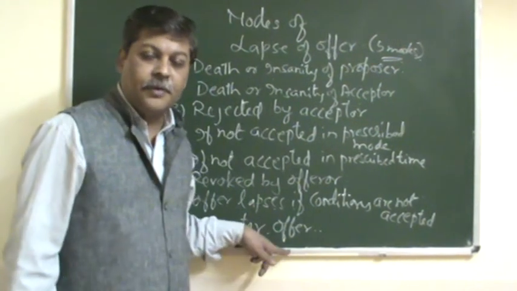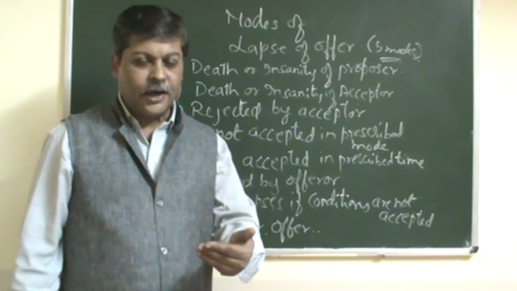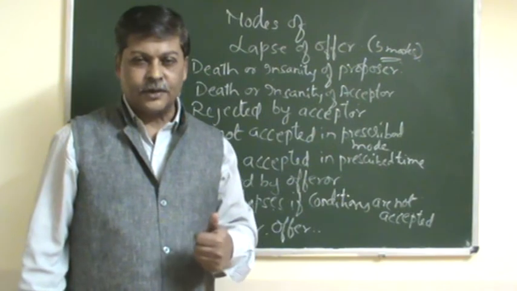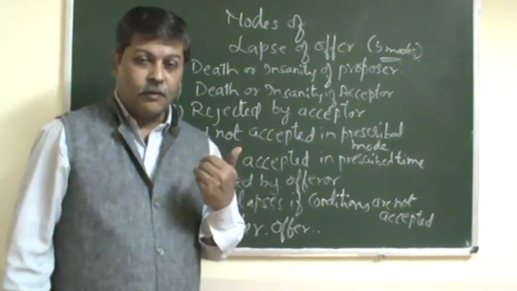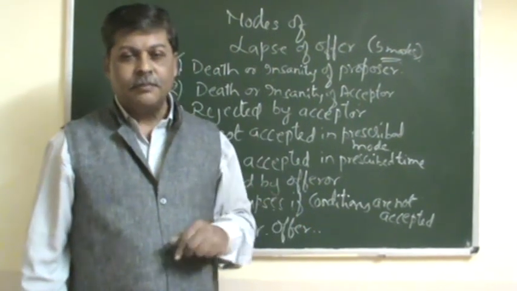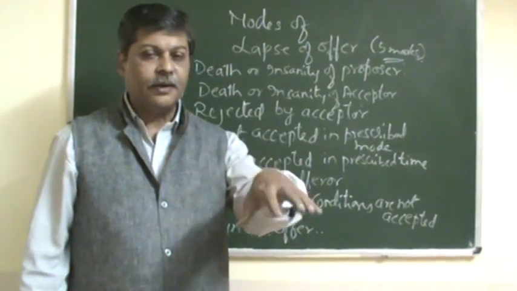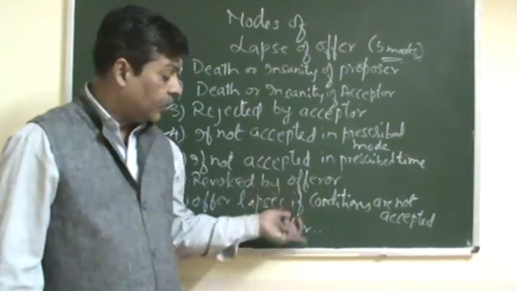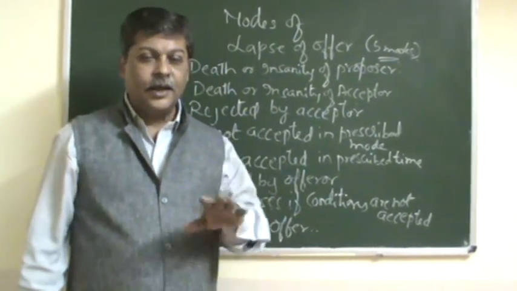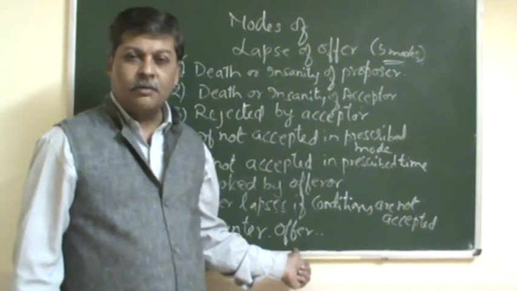So the original offer made by A lapses, where he has said that 2 lakhs is the price he has quoted. A counter offer is always made by the acceptor. He has given his acceptance with a condition that he is going to purchase for 1,75,000. So in that case it becomes a counter offer and the original offer made by A has lapsed. So in these circumstances the offer is said to have lapsed.